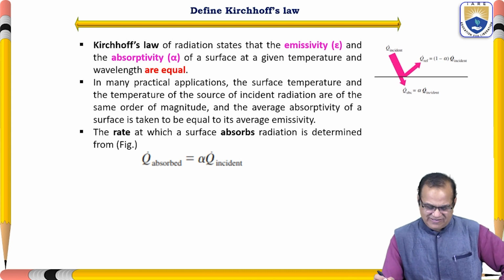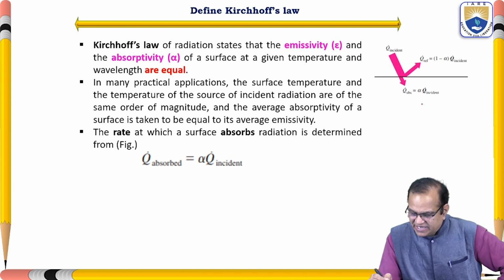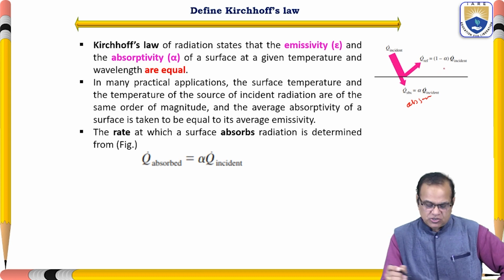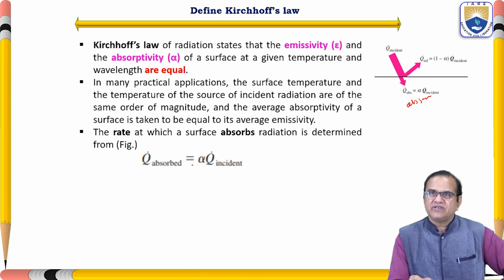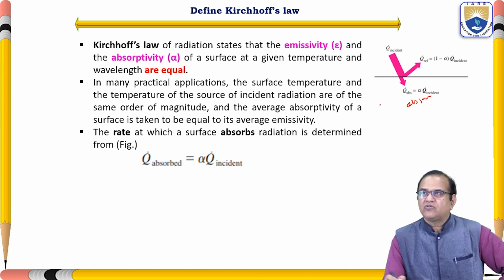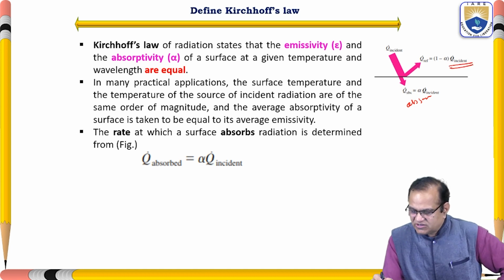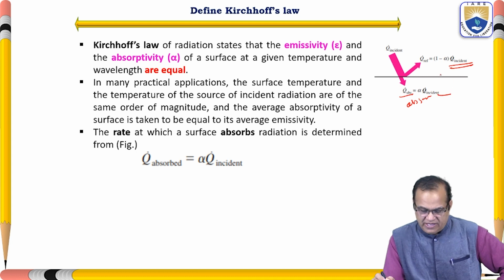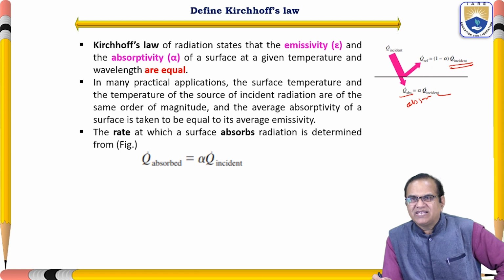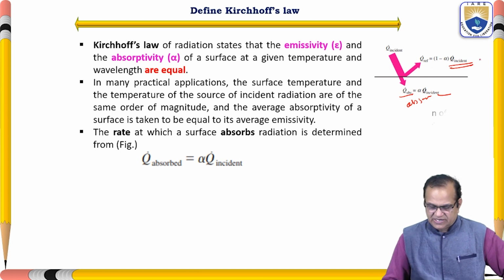You can see that there is an absorbed part and a reflected part. So Q dot absorbed is equal to alpha times Q dot incident, and the reflected part is Q reflected equal to (1 minus alpha) times Q incident.